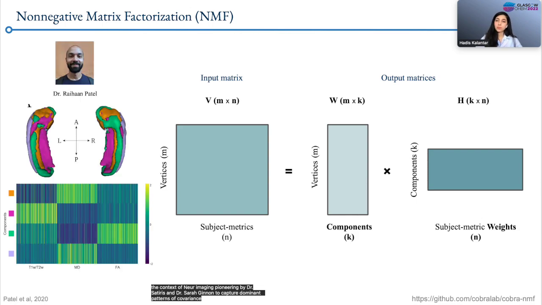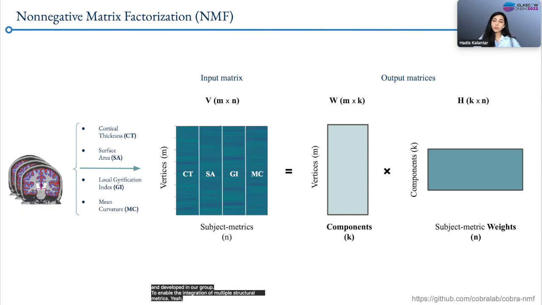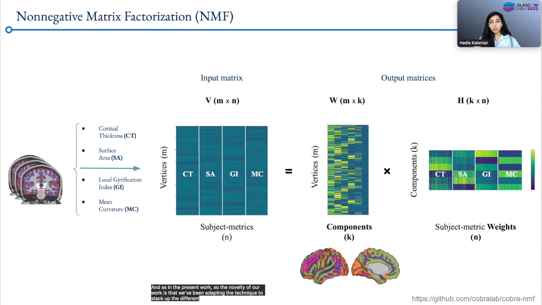And more recently, this method has been adapted and developed in our group to enable the integration of multiple structural metrics. The novelty of our work is that we've adapted the technique to stack up the different morphometric features of subjects, and the way we do the decomposition gives us two matrices.